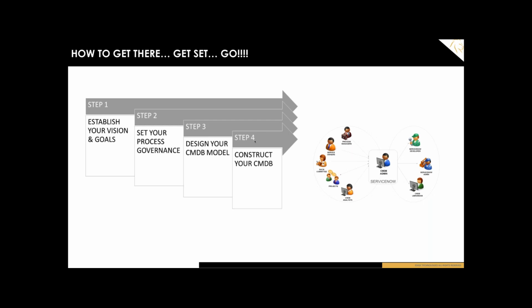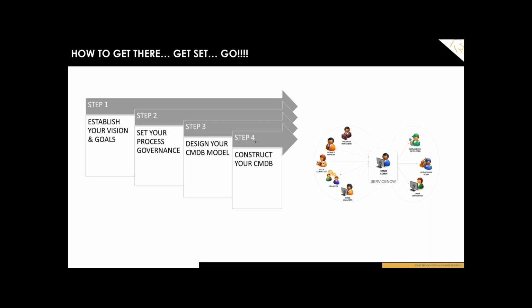So that takes us into step number 3, design the model. So designing the model of that CMDB, which we will tackle in the next webinar, will help load only the data that we need. The whole idea here is that the less information we have in that CMDB, the better.